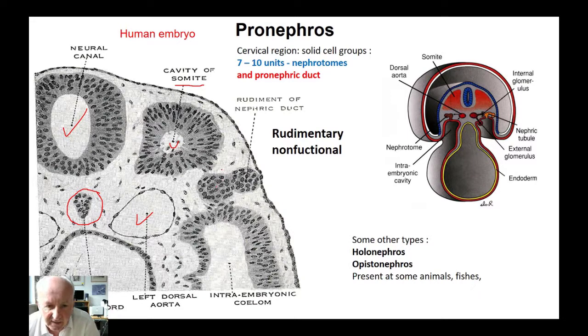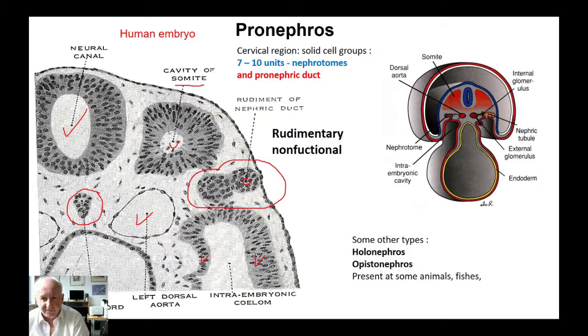And now we are in our famous intermediate mesoderm, because already this is the lateral mesoderm, as you see, so we need this. And those 7 to 10 units very cranially are forming nephrotomes of this pronephros, solid cell groups, and here would be a small cavity of this pronephric duct.